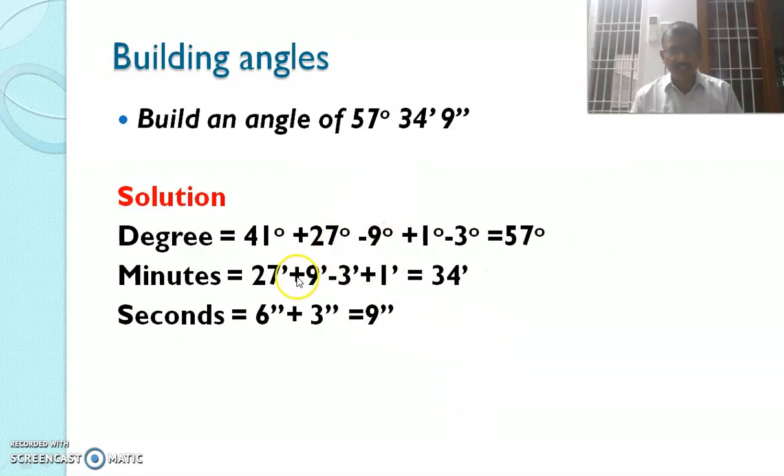Similarly, the minutes are 27 plus 9 minus 3 plus 1. Similarly, the seconds are 6 plus 3, which is 9 seconds.